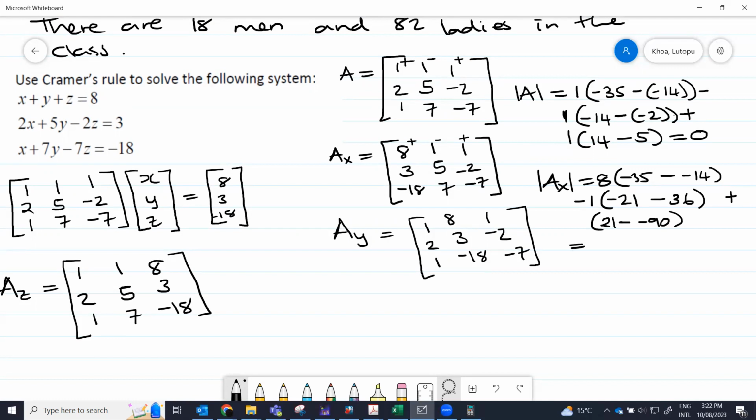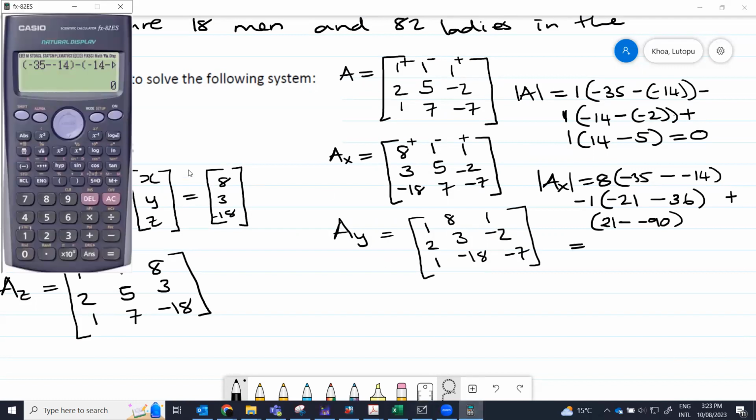Okay, then this again you can do on your calculator. So we have 8 times negative 35 minus negative 14, minus 1 times negative 21 minus 36, plus 21 minus negative 90.